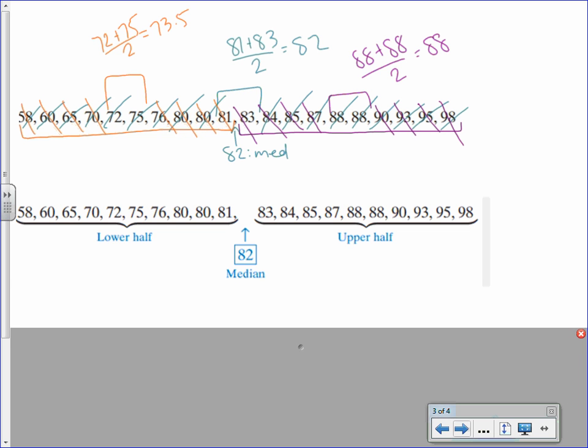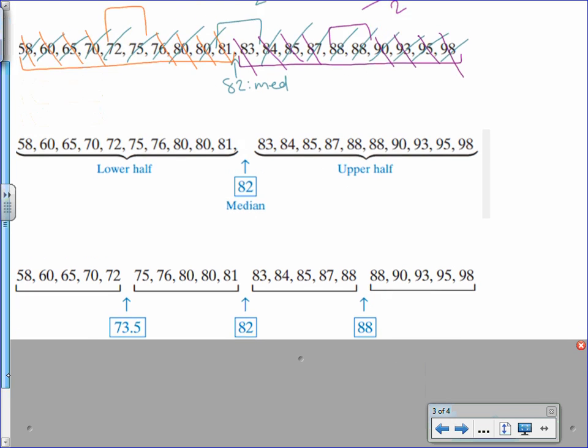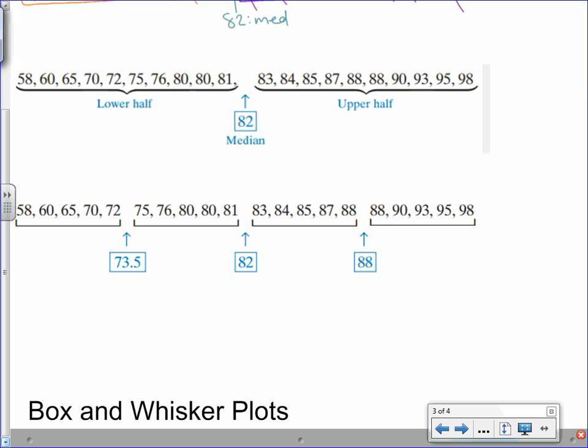And if I look, all right, your textbook got the exact same thing, 73.5 and 82. Okay, those are going to be my quartiles. Okay, so here's my quartile 1, here's my quartile 2, here's my quartile 3.